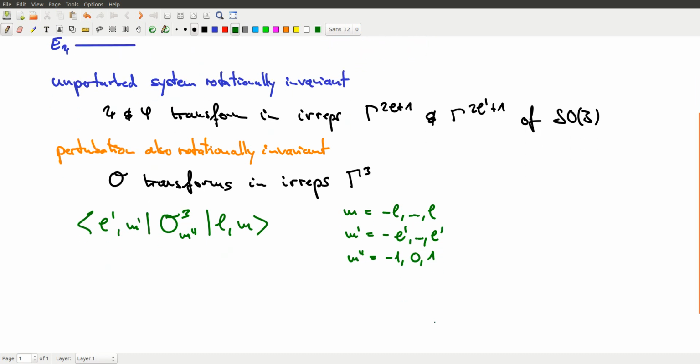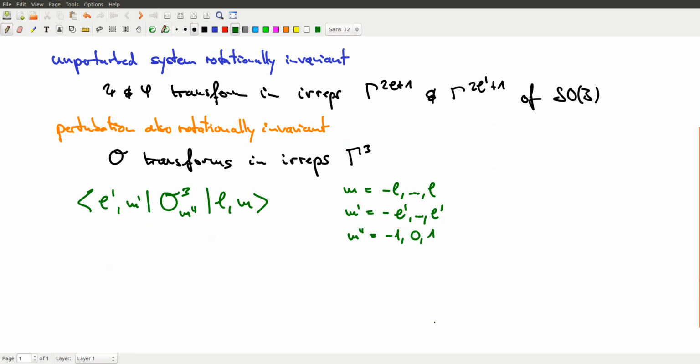And now some more SO3 representation theory, which we don't know yet, will tell us that decomposing this tensor product here, gamma 2L plus 1 tensor 3, we get a sum of 3 irreps. That's gamma 2L minus 1 plus gamma 2L plus 1, gamma 2L plus 3.